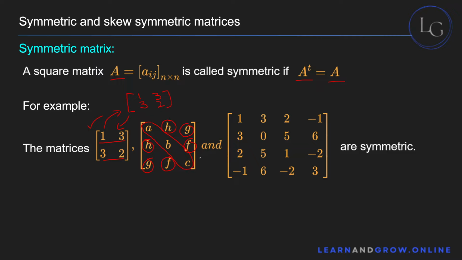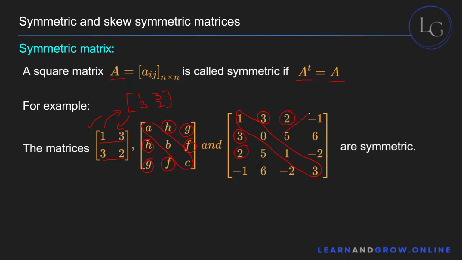So recognize this pattern and see this matrix here. This is a 4 by 4 symmetric matrix. How? See, this is the principal diagonal. Now basically you will ignore the principal diagonal. This element and this element are the same. This element and this element are the same.